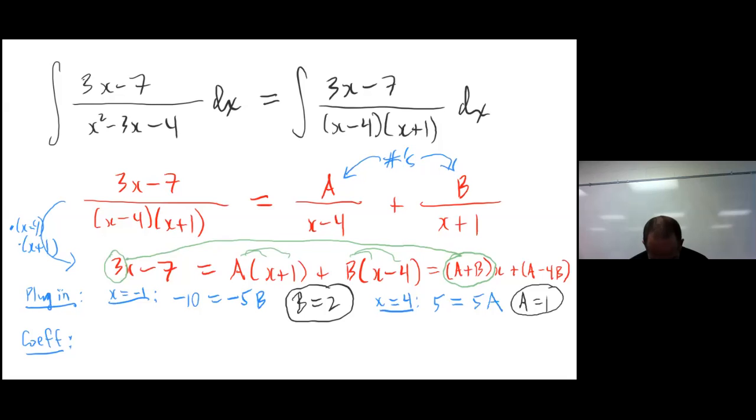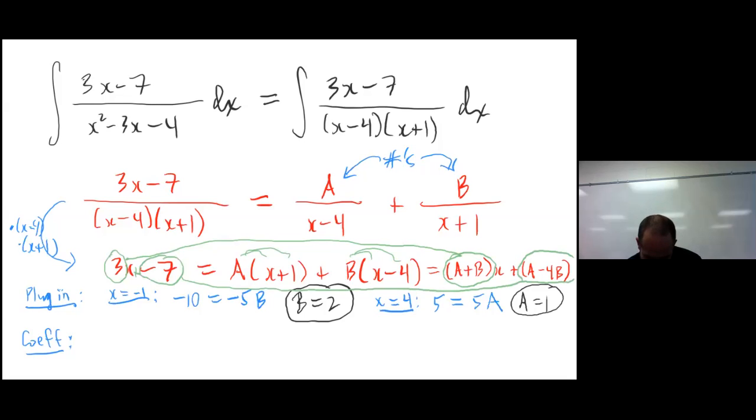And secondly, and this is where you have to be careful, I have a -7 here, right? I have a plus over here, right? You almost want to think of this as plus -7. So this -7 needs to be paired off with this constant term over here, okay?